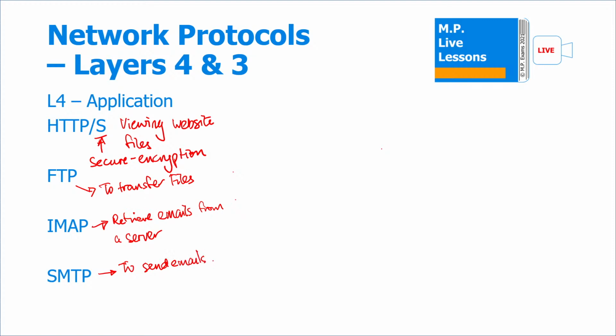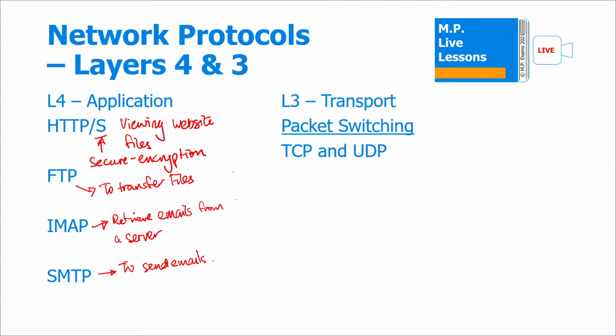And if you remember, applications, such as application software, will often get the user to interact. And what you want with the layer system is that the people at the application layer don't have to worry about what happens at transport, the next layer. This is where packet switching occurs with these two protocols.